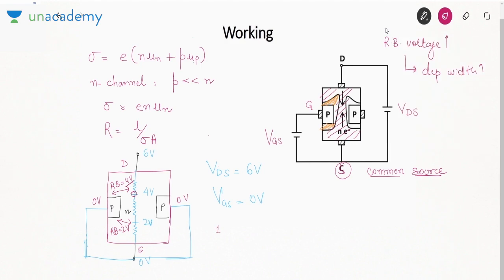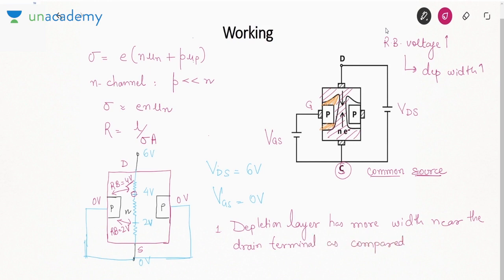This is a very important point. Depletion layer has more width near the drain terminal as compared to the source terminal. Depletion layer always has more width near the drain terminal as compared to the source terminal.